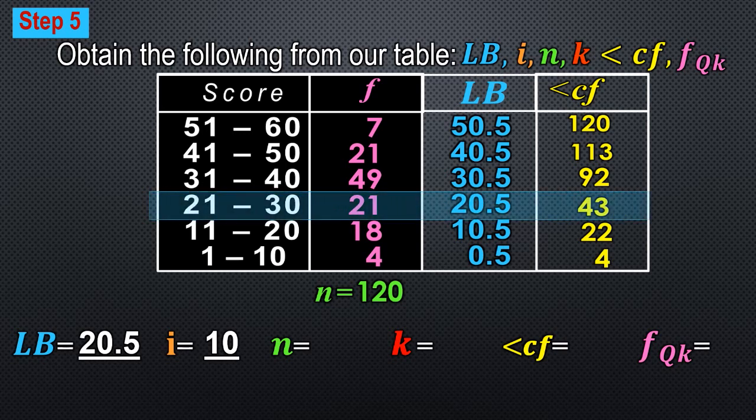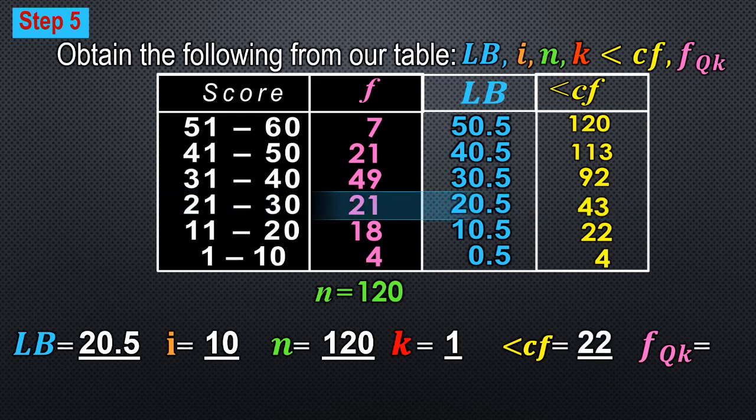Now, our N is equal to 120. Our K is 1 because we are going to find the first quartile. And then for our less than cumulative frequency, of course, it is the one before 43. Since our cumulative frequency is 43, the less than cumulative frequency is 22. So you are going to write the less than cumulative frequency as 22.